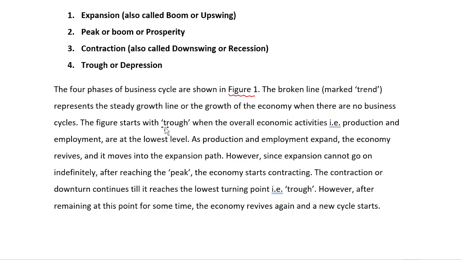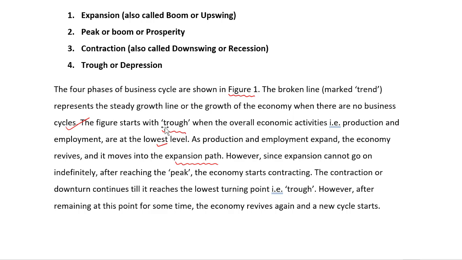The broken line marked trend represents the steady growth line, or the growth of the economy when there is no business cycle. The figure starts with trough, when the overall economic activities, that is the production and the employment, are at the lowest level. As production and employment expand, the economy revives and it moves into the expansion path.